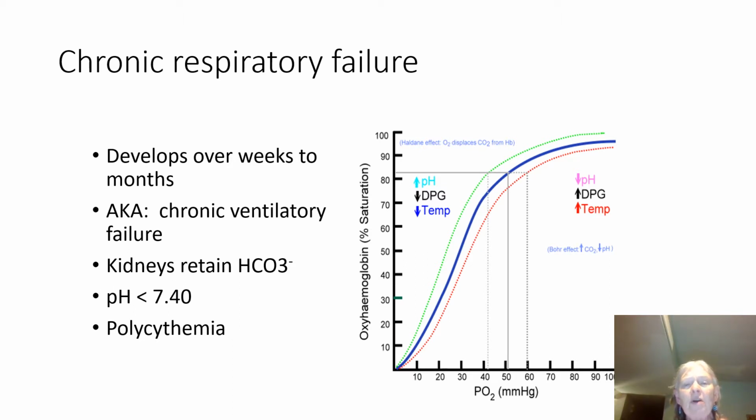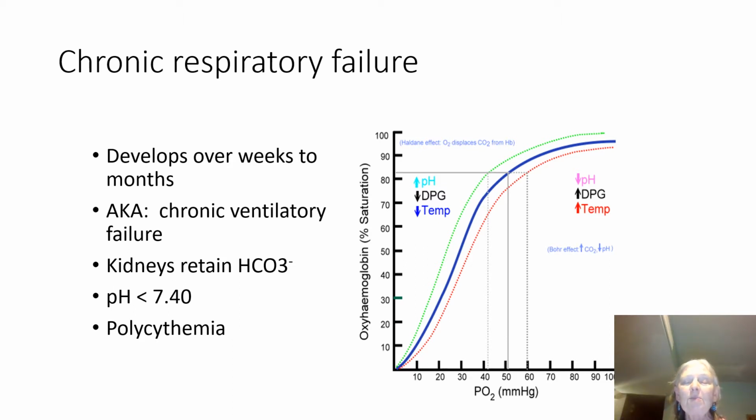One of the things about chronic respiratory failure, this is something that develops over time. You can see on here, we talk about weeks to months, and it continues on into years. Acute respiratory failure is something that happens within the first 24 hours, maybe 48 hours, but very, very acute. So if you just happen to get sick, you're acutely sick at that particular point.